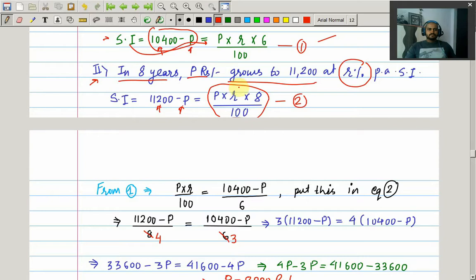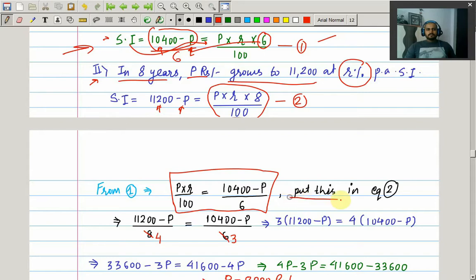From this equation I have simplified. I have kept PR upon 100 as it is, and this 6 I have transferred to the denominator here. So I got this. Just shift the 6 to the denominator of this LHS.